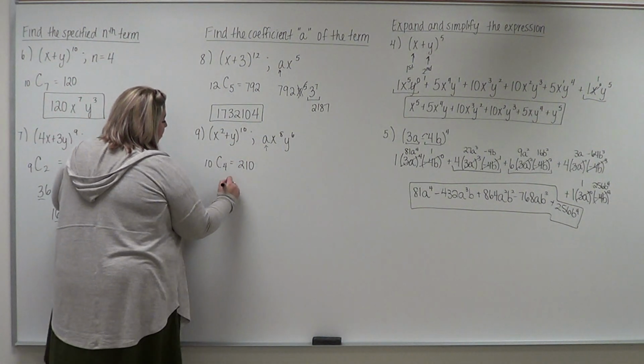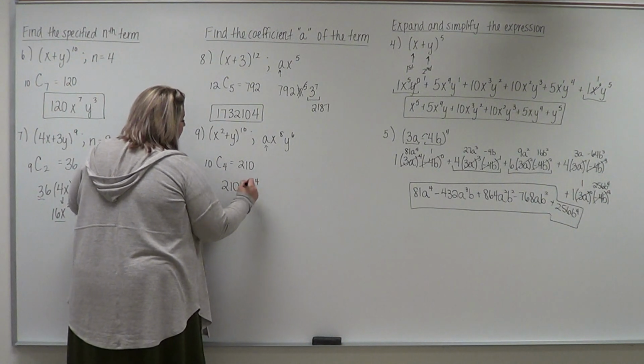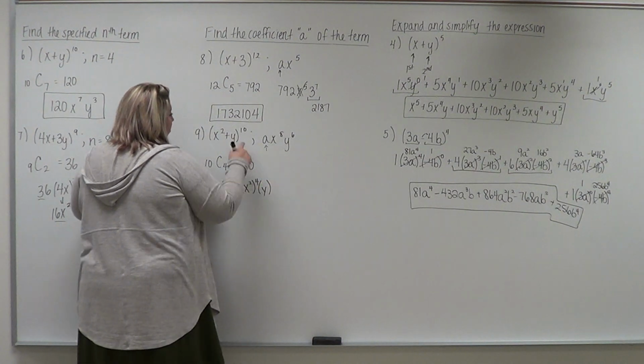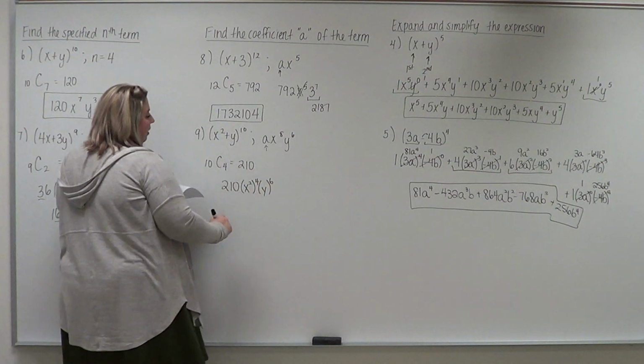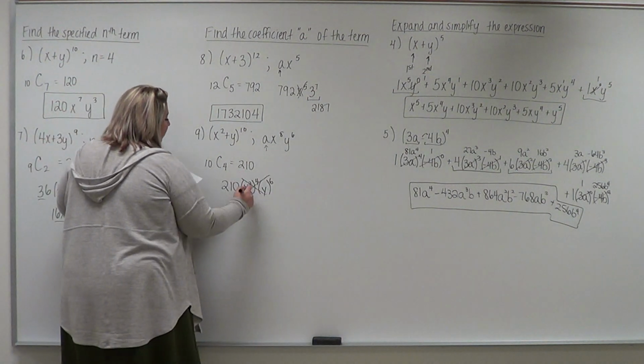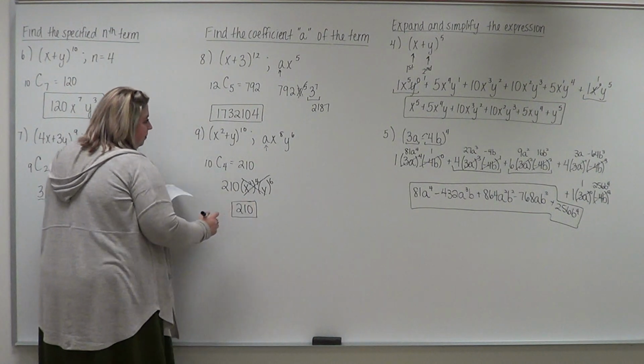So it would be 210. I had x squared that went to the 4th power, which means my second term, which is y, in order to get 10, would have had to go to the 6th power. Well, we don't care about our variables, we only care about our coefficients, so my answer to this one would just be 210.